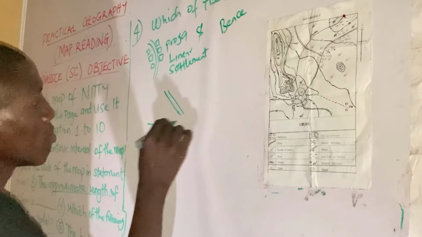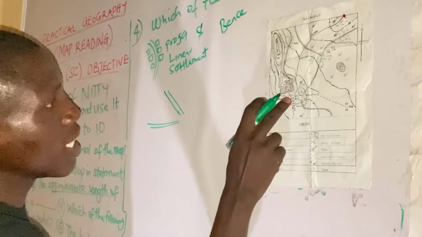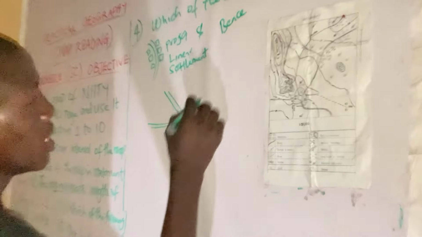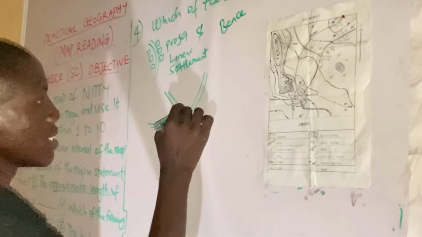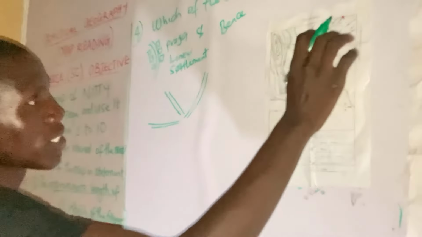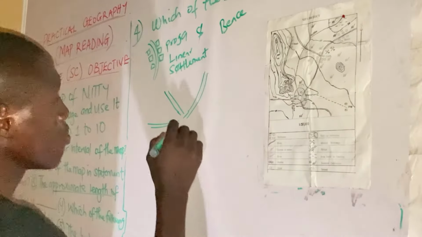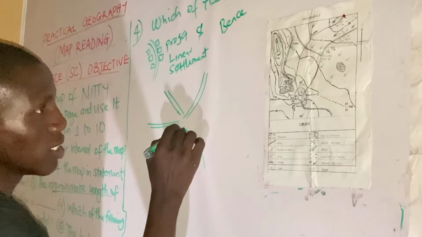There is a road coming from the northeast here. There is one coming from eastward. There is another one coming from the northwest. One coming from the westward, and one coming from the southward, southeast.